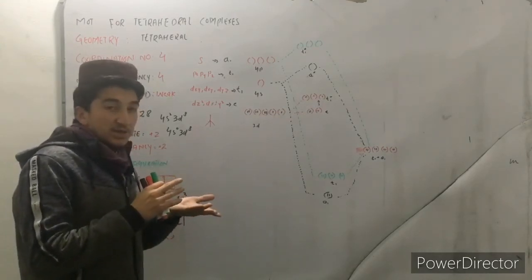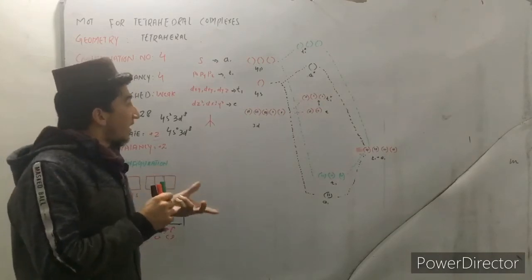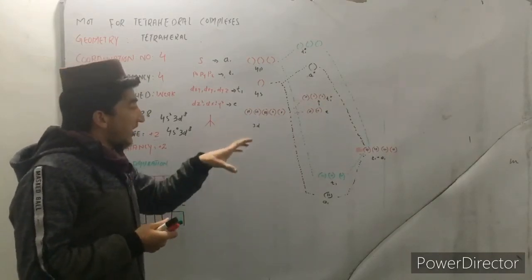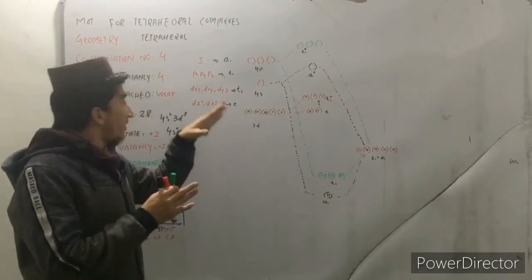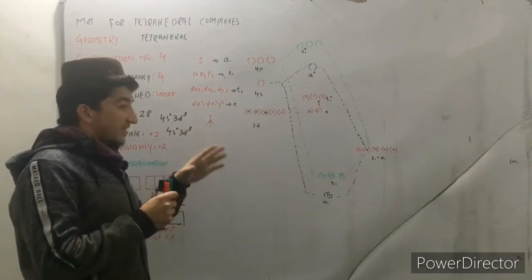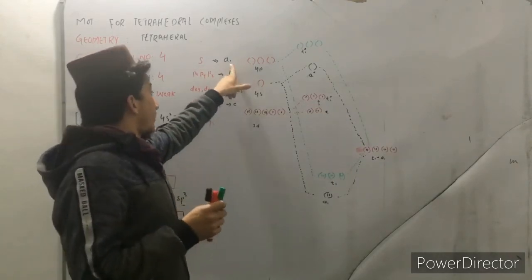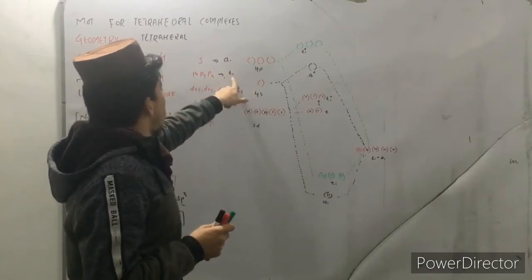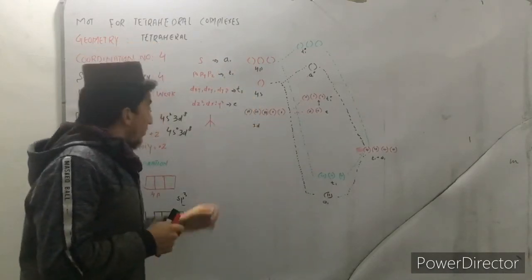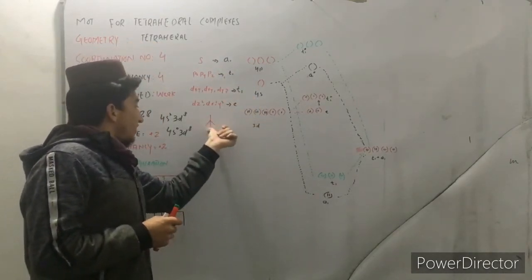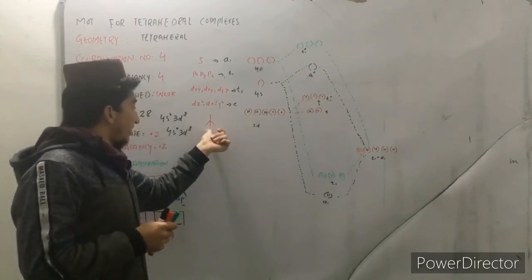Some people call it gerade and some people call it ungerade. In that case, you know that I have written A1g, T1u, T1u, Eg. But here, no, because this is a tetrahedral structure which doesn't have a center of symmetry.